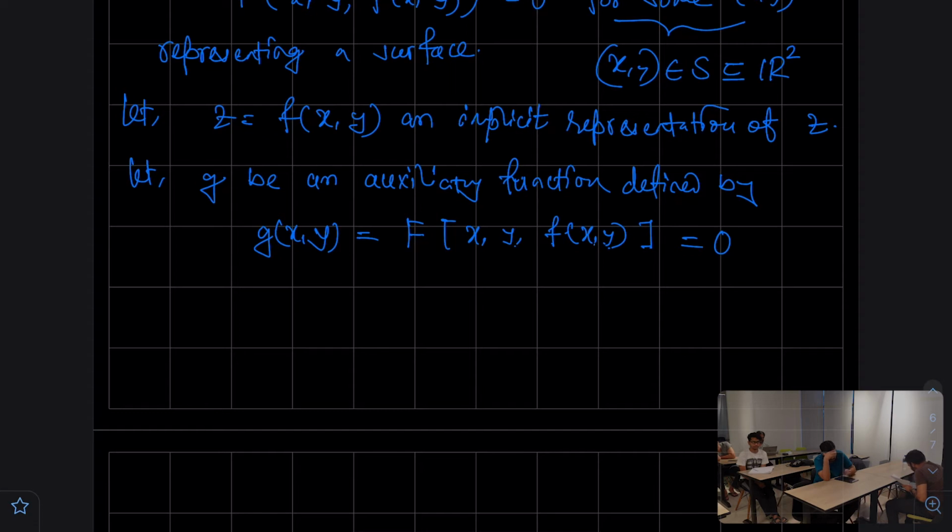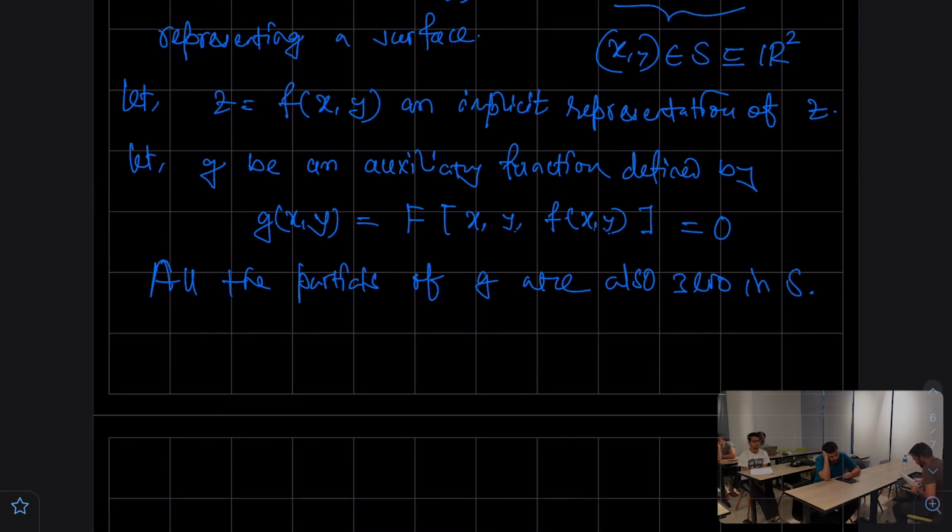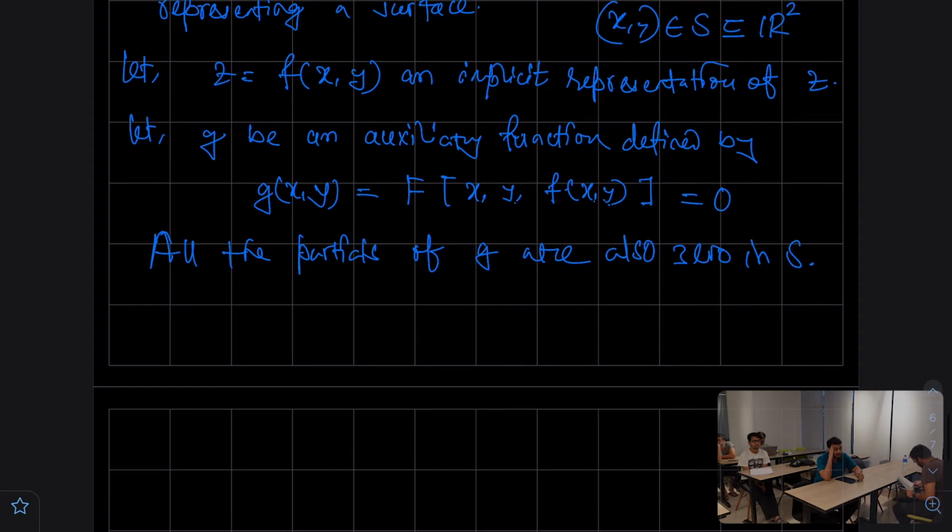So all the partials of G should also be 0, in S. Good. So that means that the x partial of G is equal to 0, y partial of G is 0.